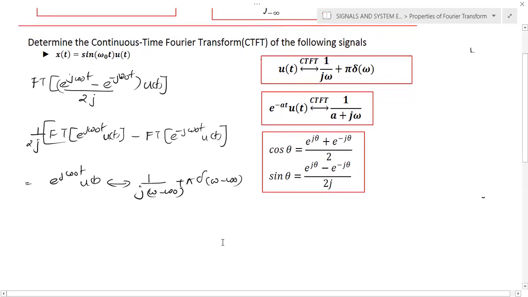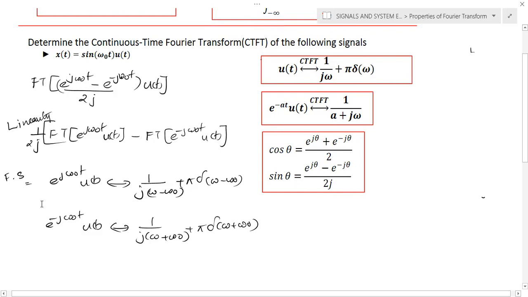For the second term, e raised to minus j omega 0 t into u of t, by applying the shifting property you can write 1 by j(omega plus omega 0) plus pi into del of omega plus omega 0. So here we are applying the frequency shifting property. In the first case, we are applying the linearity property. Here it's the frequency shifting property.